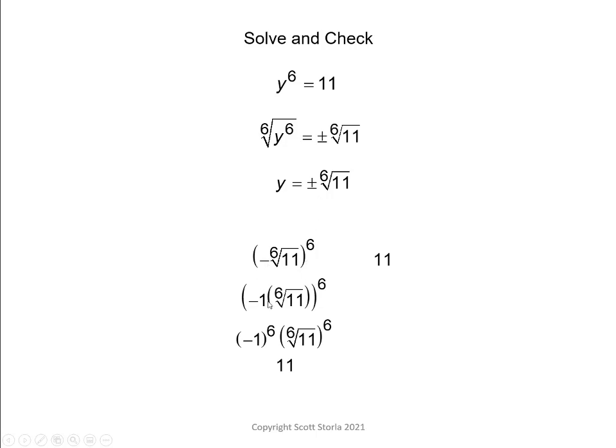The dash symbol is going to be a factor of negative 1. And then by the power of a product property, I'm going to find the sixth power of negative 1, which is positive 1. And then I'm going to find the sixth power of the sixth root of 11, which will just be 11. And since my values match, I know both of my answers are solutions.